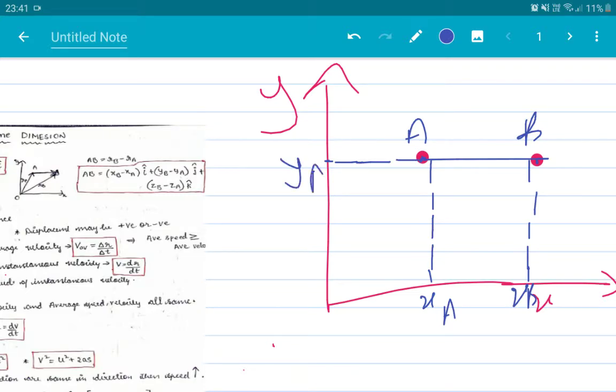Now y also we will take. This is YA, and this is only an extension of A, so they are present at the same level, so this is YB.